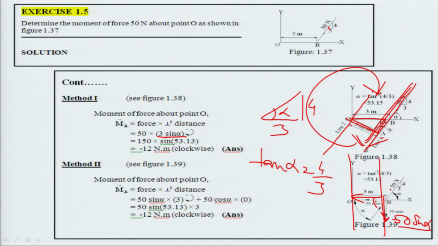This is the clockwise rotation. It can be either clockwise or anti-clockwise. Here it is clockwise, so the sign is taken as negative.